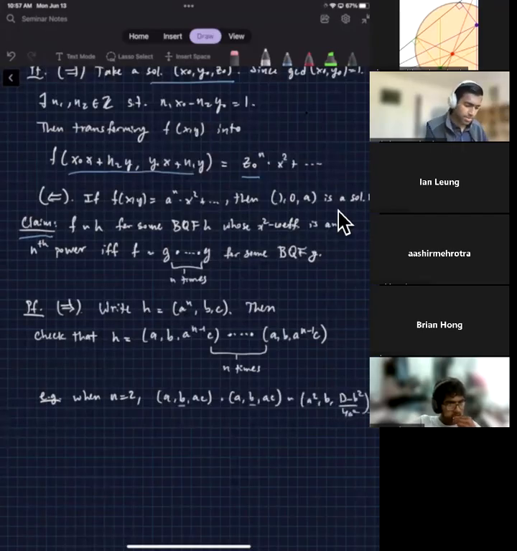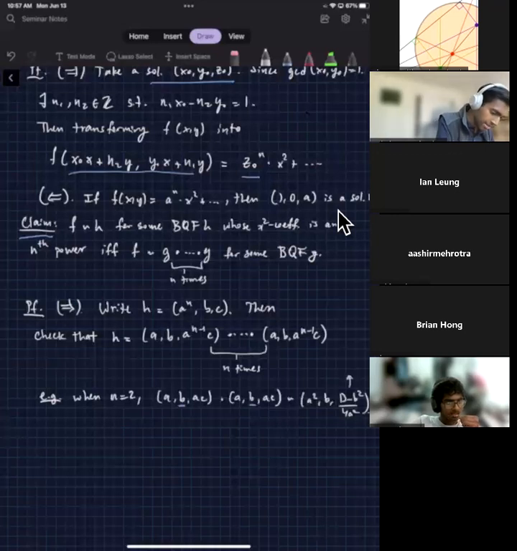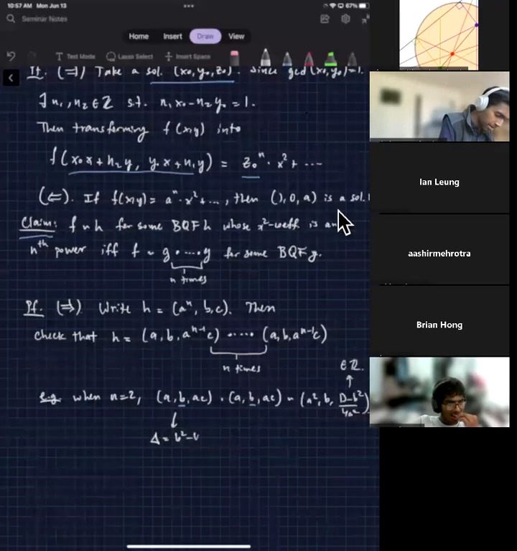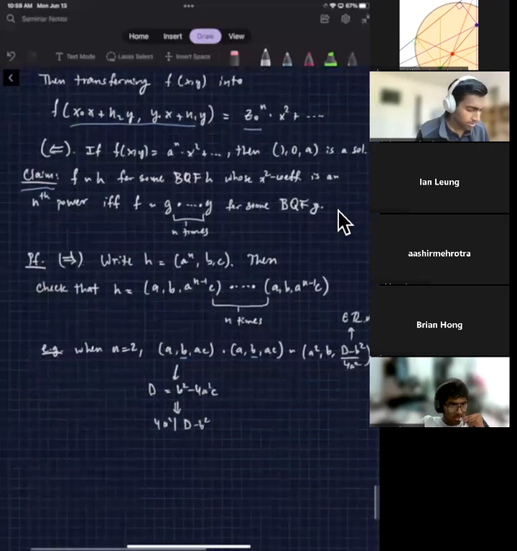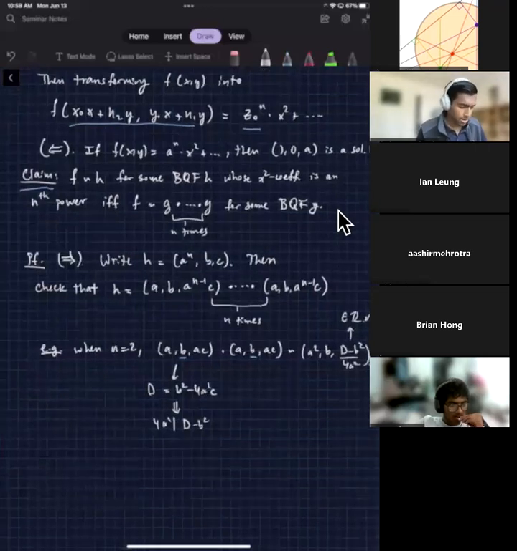And the other conditions are precisely that this number here has to be an integer. But the discriminant here is equal to b squared minus 4a squared c. So sorry, this is d. D is b squared minus 4a squared c, and that implies that 4a squared actually divides d minus b squared. So that verifies this condition here. And so at least when n equals 2, we see how the composition works, and the same argument will work for any n. Okay.